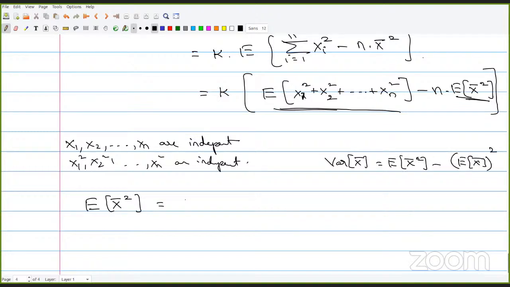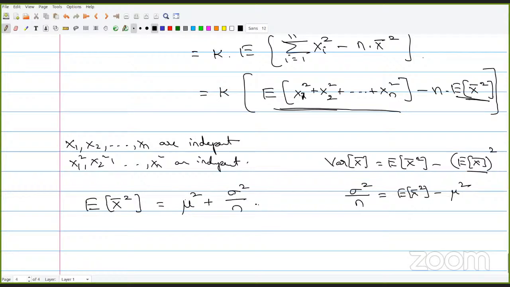We know the variance of x bar is sigma square by n, which equals the expected value of x bar square minus mu square. So this will be plus mu square, and the value will be mu square plus sigma square by n.